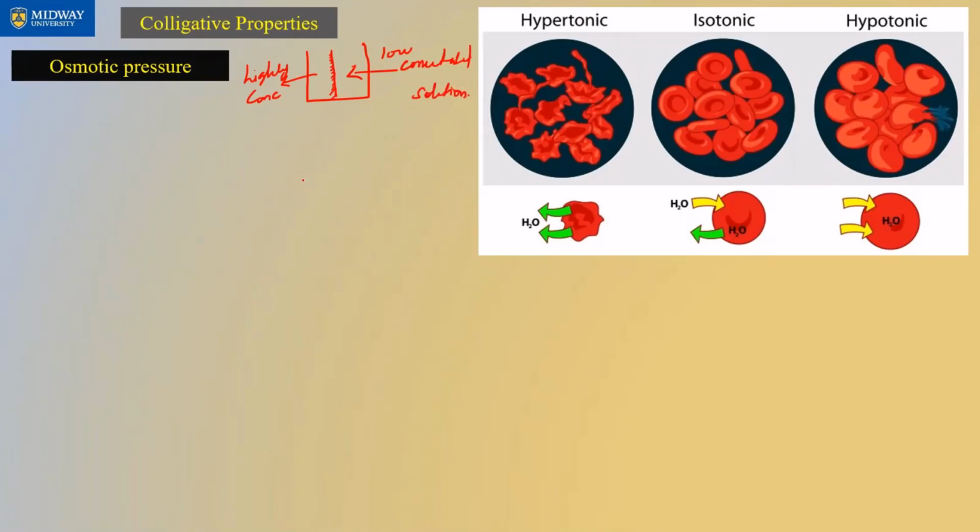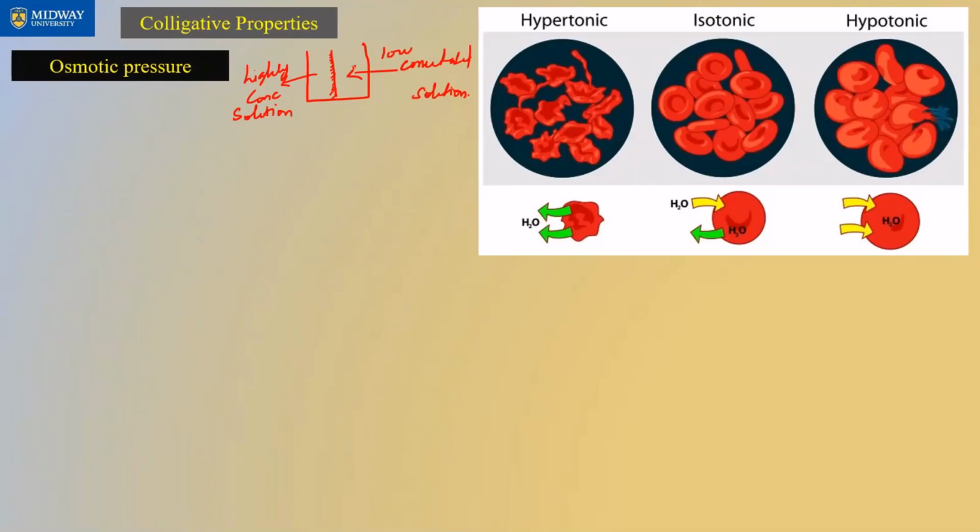They both contain solvent and solute. That's what makes it a solution, right? This is a highly concentrated solution. This is a low concentrated solution. This is comparatively highly concentrated because it has more solute versus this.